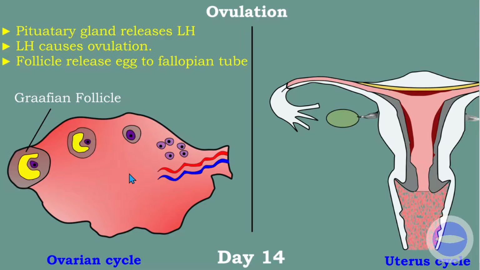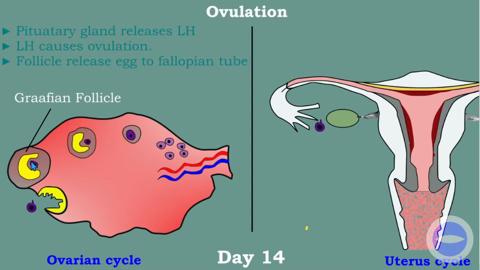During ovulation, this Graafian follicle will release this egg. Look here. Now this Graafian follicle is this one. It releases this egg, and if you can see here, this egg has now left the ovary and moved to the fallopian tube. This takes place during ovulation.